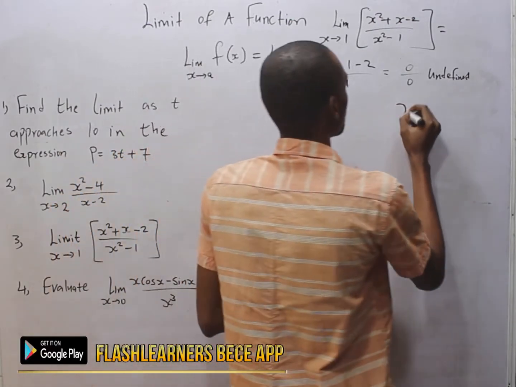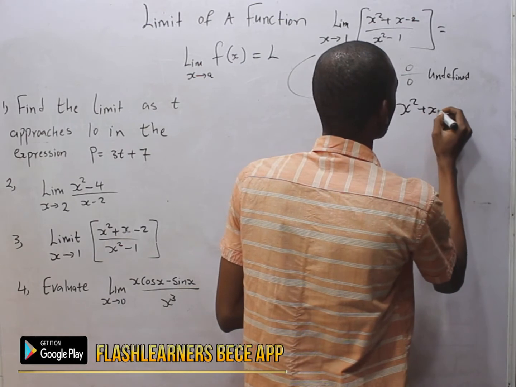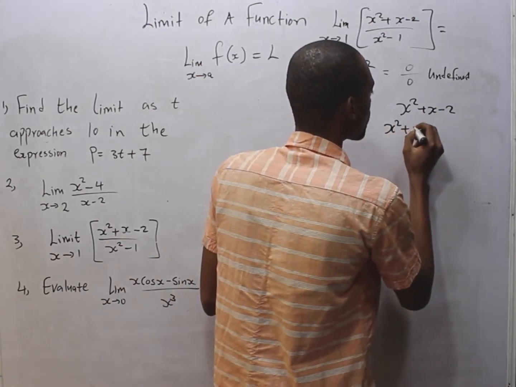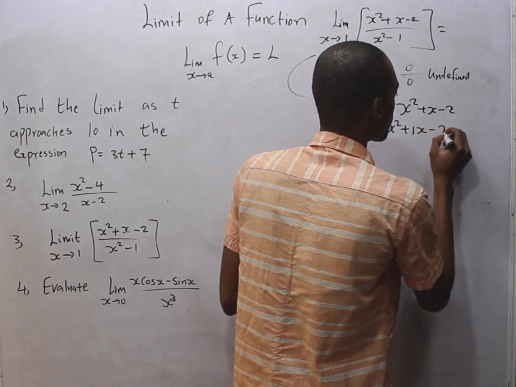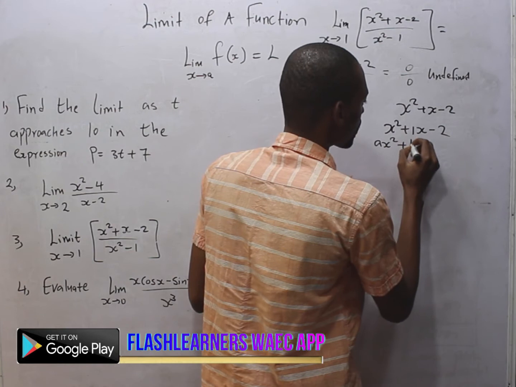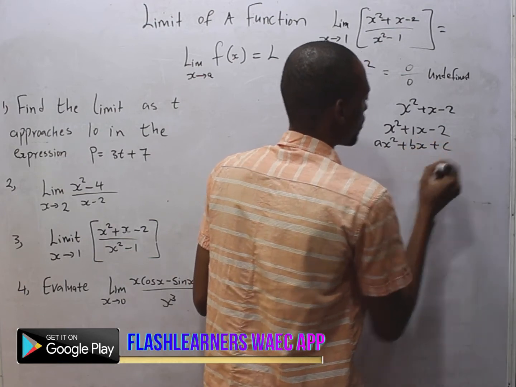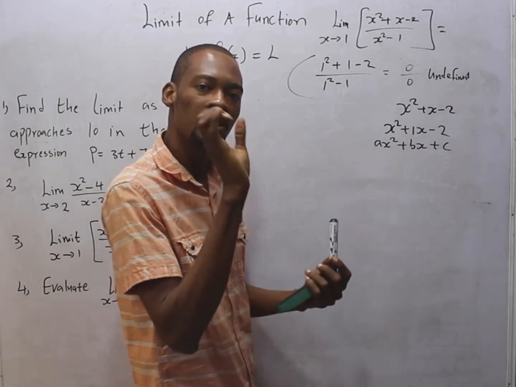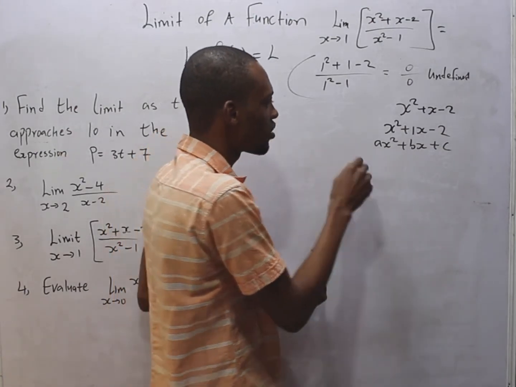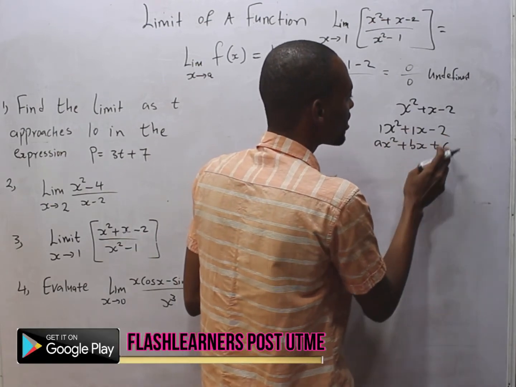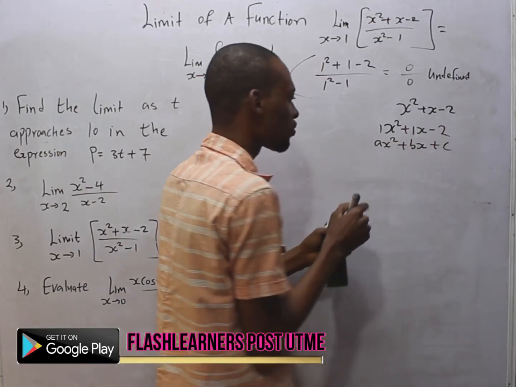Now, given s squared plus s minus 2, this is the same thing as s squared plus 1s minus 2. This is as squared plus bs plus c, the standard form of any quadratic equation, where a here is 1, b is 1, and c is equal to minus 2.